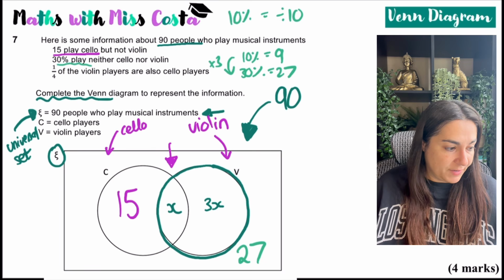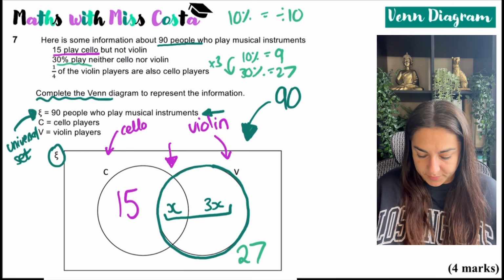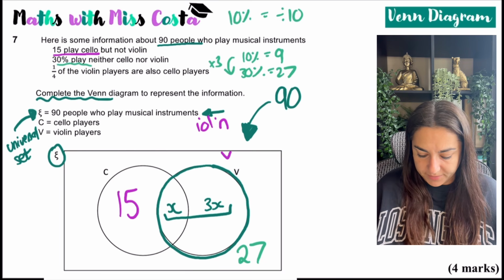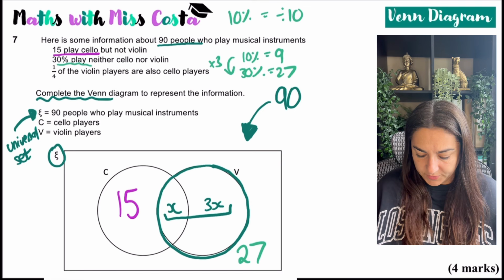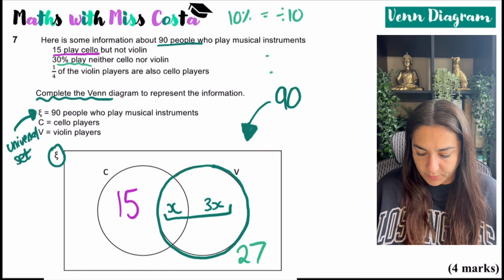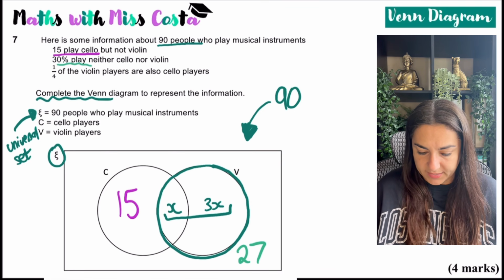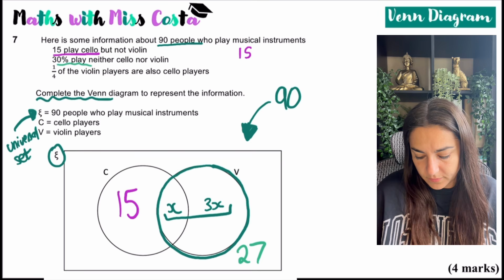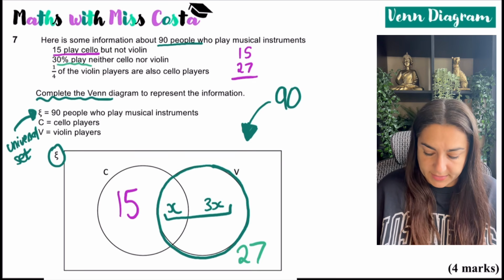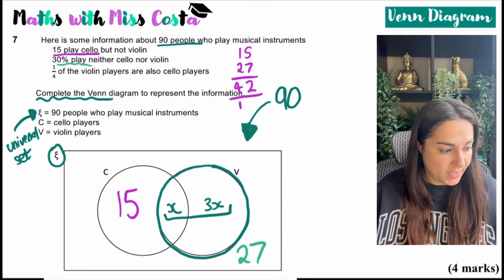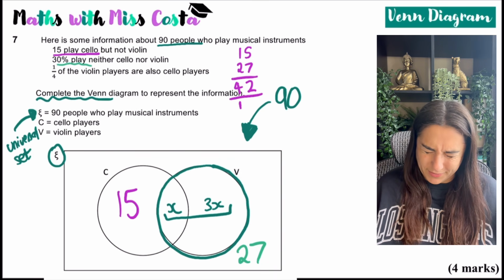So let's figure out what this and this must add up to, because in your Venn diagram, everything needs to add up to 90. So we've got 15 plus 27. 7 plus 5 is 12, so that's 42.